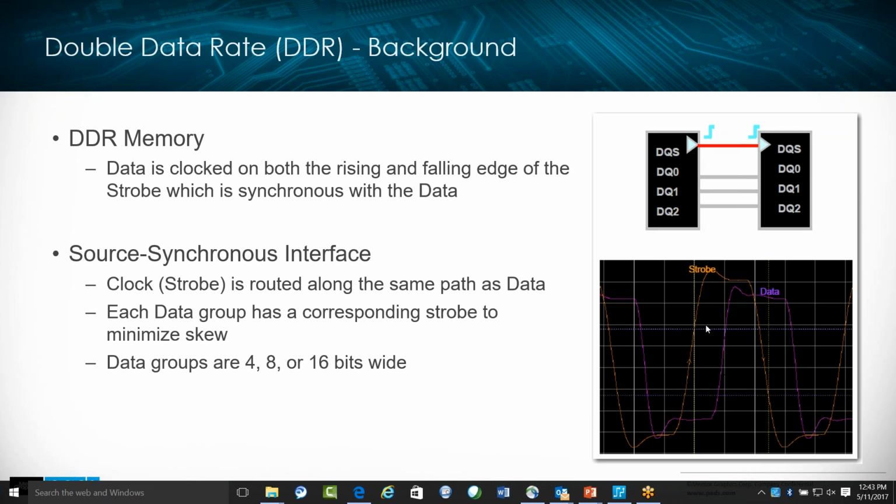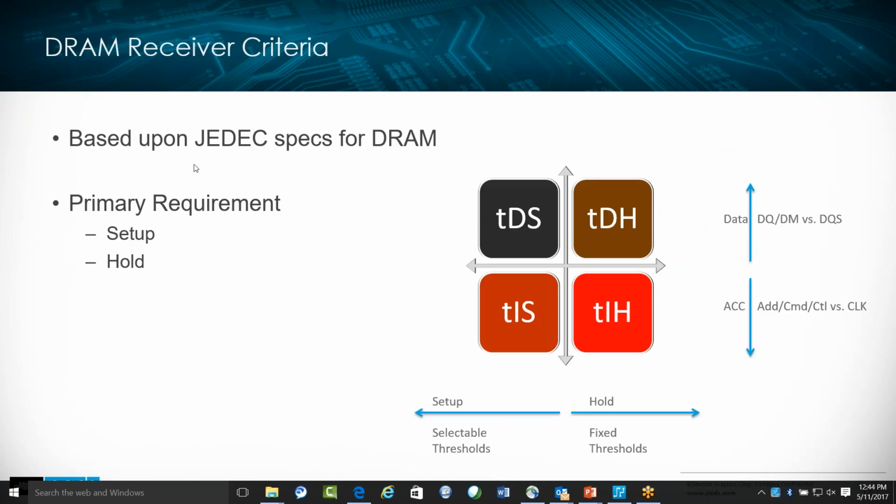If we look at the timing model or the waveform at the bottom here, as the strobe goes up, that data bit would be clocked in, and as the strobe goes down, the next bit gets clocked in. And with this synchronous data interface, the data is grouped together and coordinated by the strobe, and those data groups can be 4 bits wide, 8 or 16 bits wide as well.